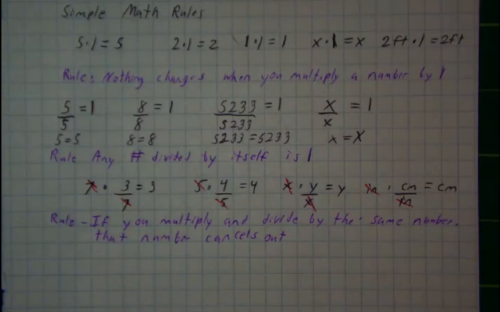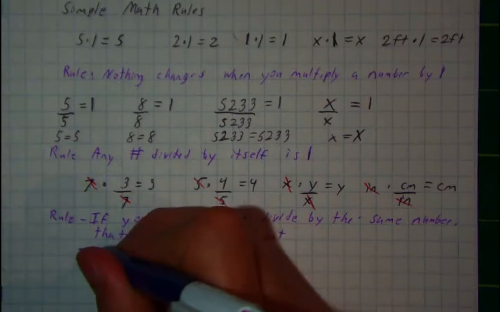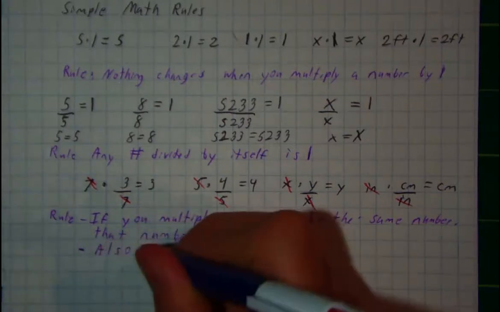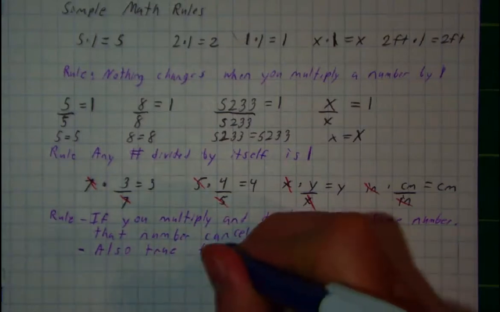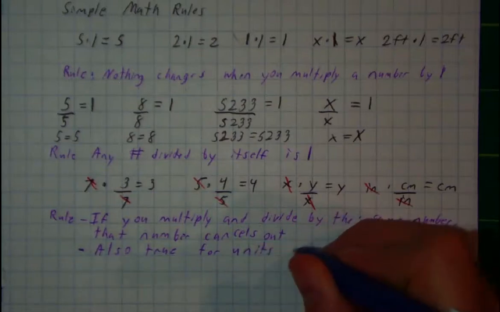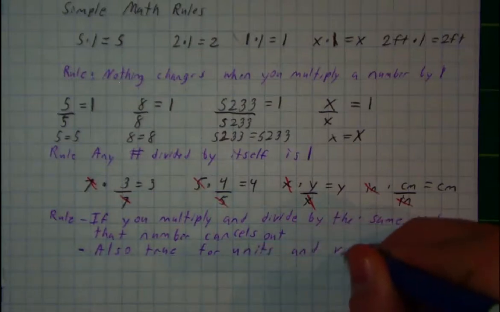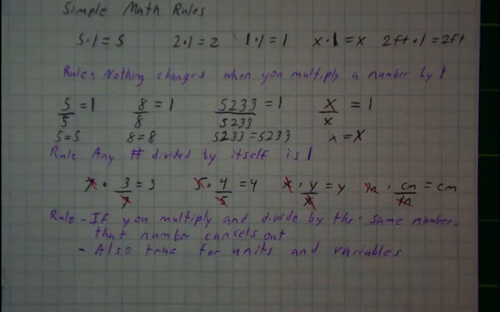I cannot stress this enough when I say simple math rules. A very important note to this rule is this is also true for units and variables. As we saw with inches and centimeters. This is also true for inches and variables.